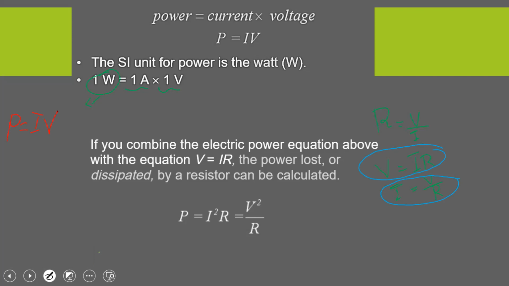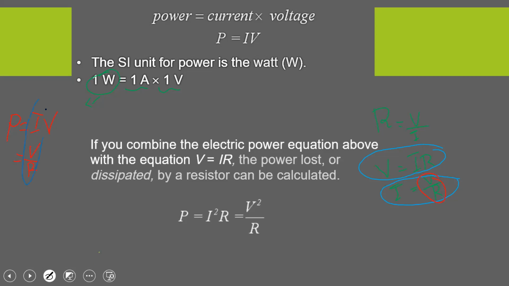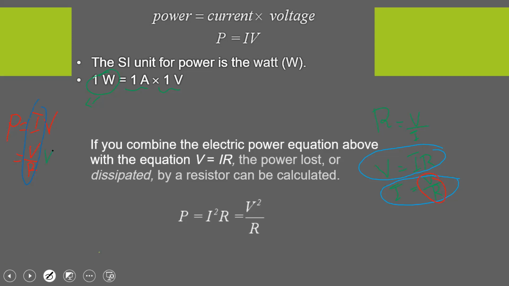And if you substitute here, I is V over R. This V over R times V. So we find a new formula to find the power.